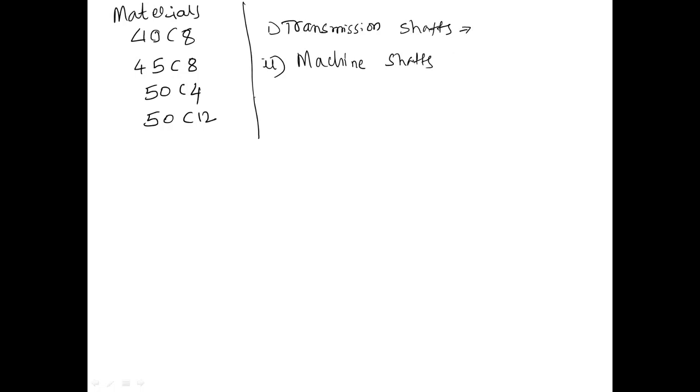Transmission shafts are used to transmit power between the source and the machine which is going to receive the power, that means driver and driven. Machine shafts form an integral part of the machine itself. One example for the machine shaft is a crankshaft. Here, you can say a transmission shaft is a line shaft.